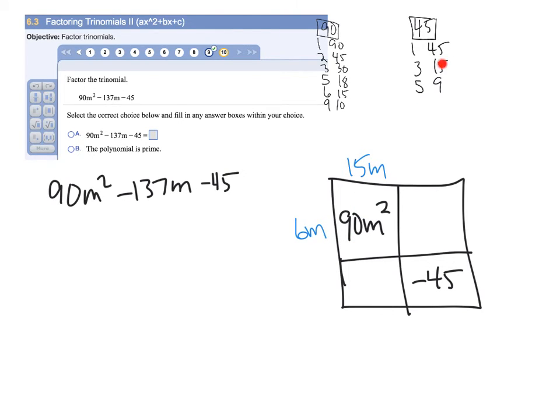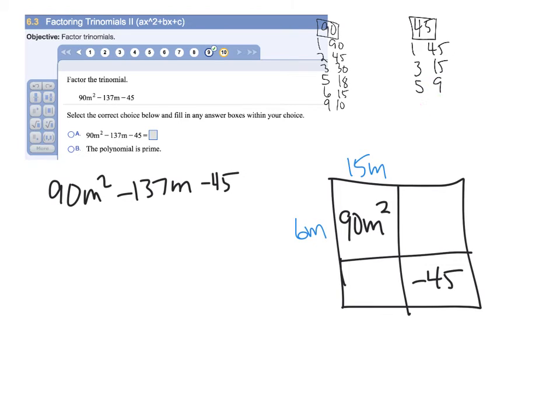Now I'm going to run through these, 5 and 9, 3 and 15, 15 and 3. I'm just kind of quickly thinking of the numbers, and I know that I'm going to multiply and get stuff.